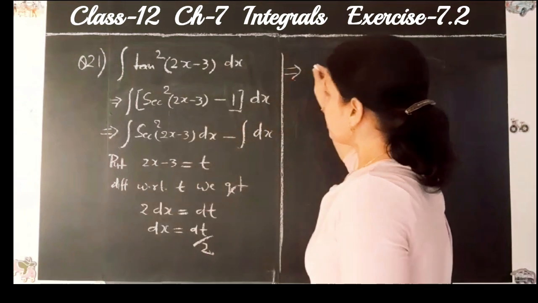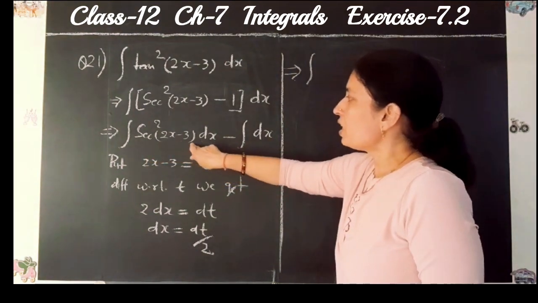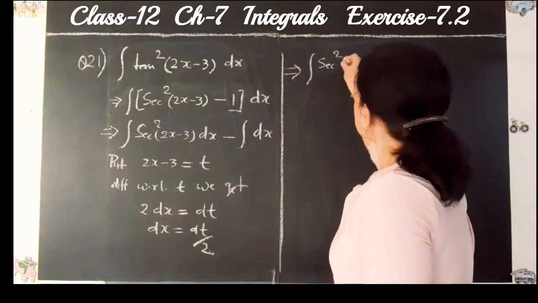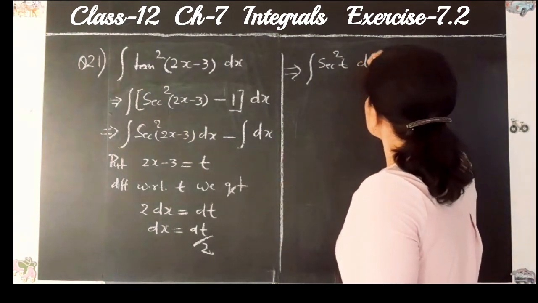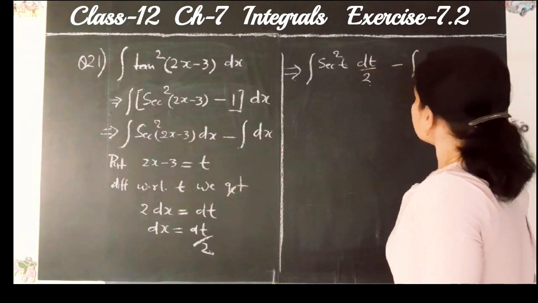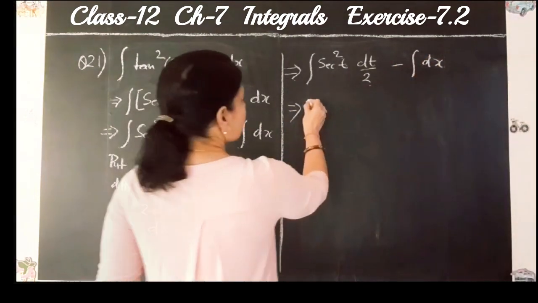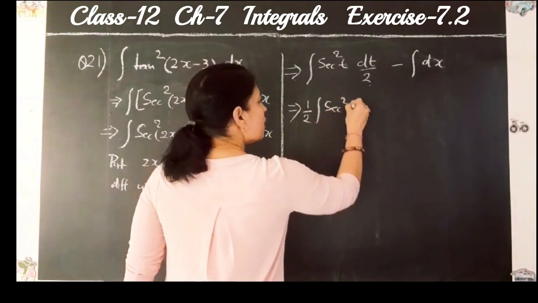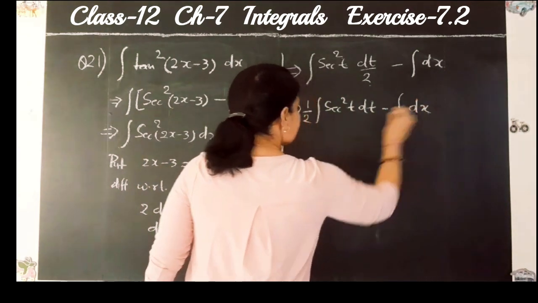So now we can write integral of, here it is given sec square 2x minus 3. So right here sec square, this one is t, sec square t. In place of dx, write dt by 2. And write this one as it is, integral of dx. We can write that 1 by 2 integral of sec square t dt minus integral of dx.